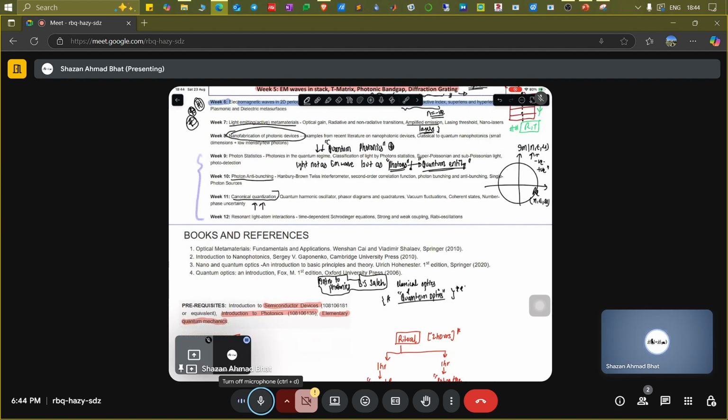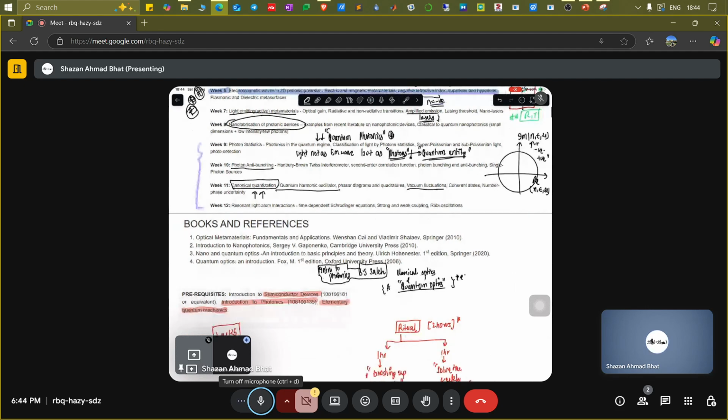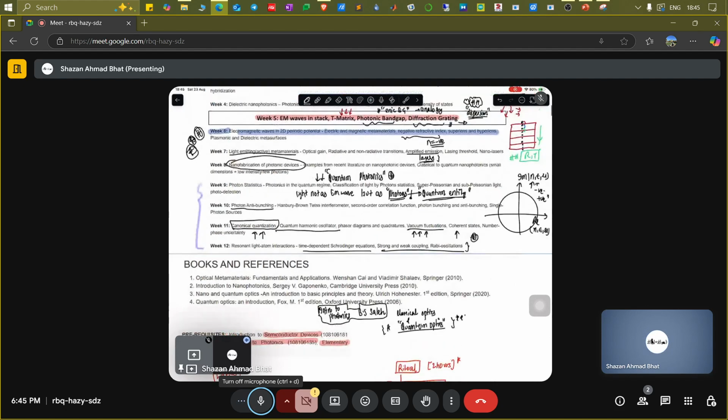You talk about canonical quantization, quantum harmonic oscillators, vacuum fluctuations, or vacuum energy fluctuations, or quantum fluctuations. You talk about coherent states, number phase uncertainty. That is going to be interesting. Then you will talk about time-dependent Schrodinger equations, strong and weak coupling, Rabi oscillations. Beyond week 9, it's going to be more interesting.